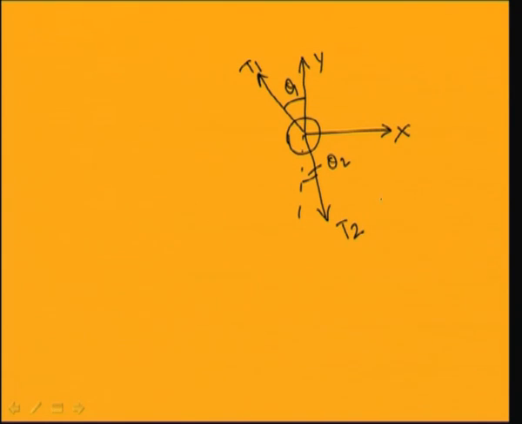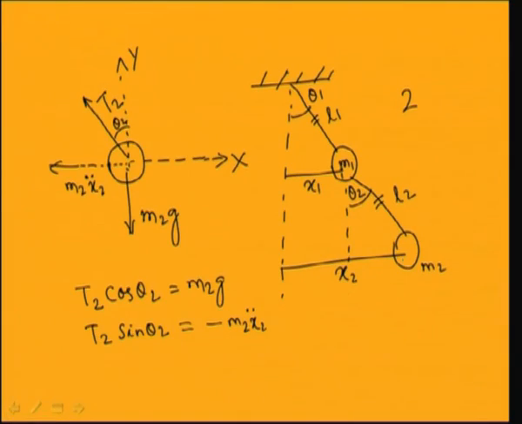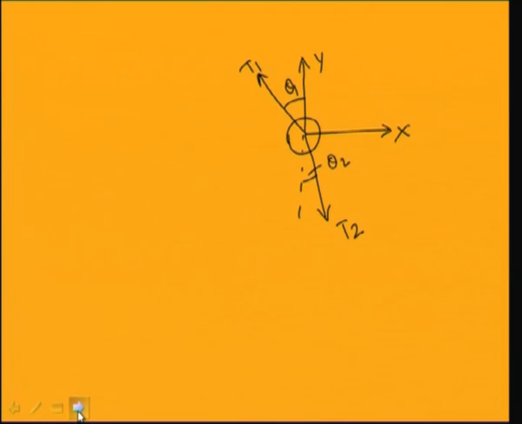As I have taken x2 as the generalized coordinate for this mass m2, I can write the inertia force, which is acting opposite to the direction of acceleration, as m2 x2 double dot. Another force, the weight of the system, m2g, is also acting on this system.